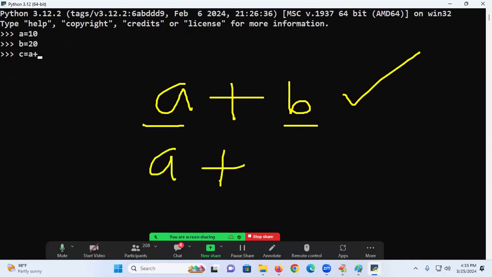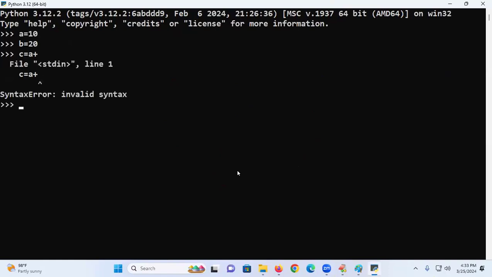If I write only plus and do not write the right side, it is called what? Syntax error. Just write out syntax error. In my class, there is a unique facility compared to everybody: I will tell you which error will come and at what time. Those are called types of errors.